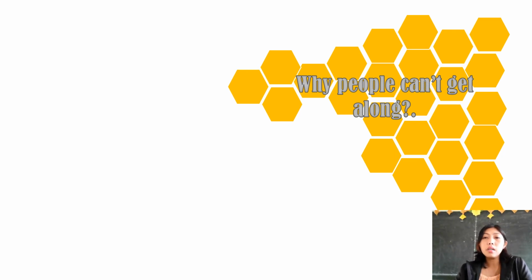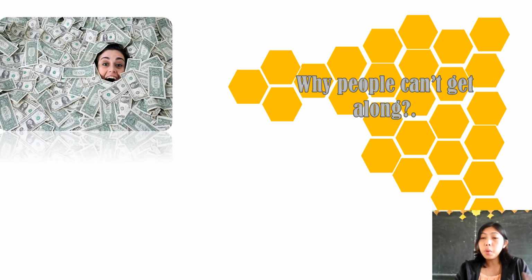Why are there some people who are incompatible with others? Number one, money. We know that money is one of the basic needs that we need just to live. Hindi lang food or shelter, but also we need money to live.